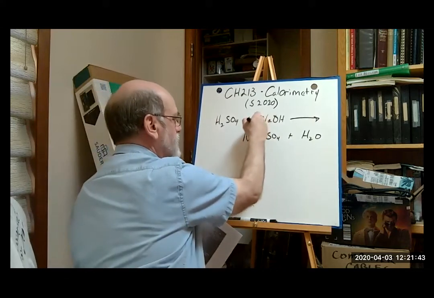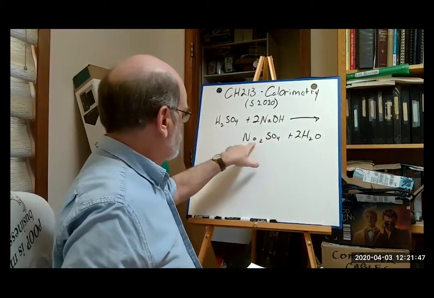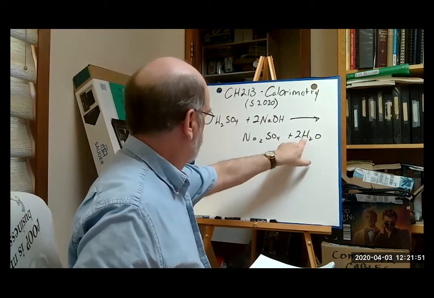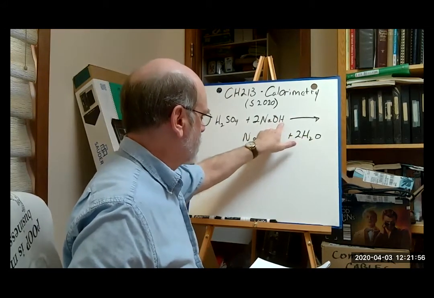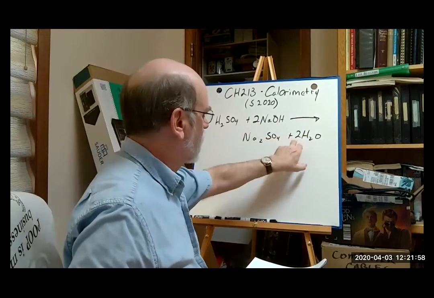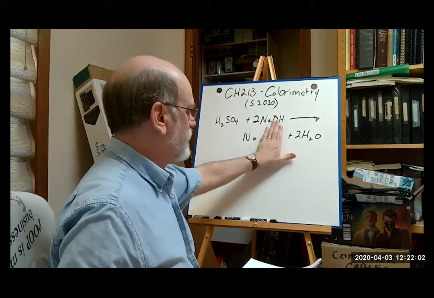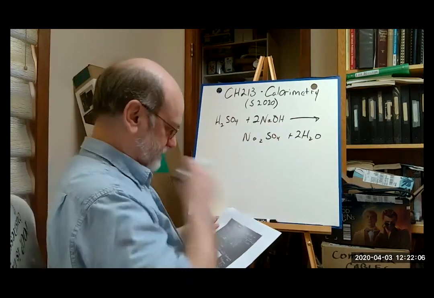So we need 2 here and 2 here. Let's see if it's balanced. 2 sodiums, 1 sulfate, 4 hydrogens, so we have 2 hydrogens here, 2 hydrogens there, that's 4, and 2 oxygens there. Not counting these because we counted that as a sulfate.